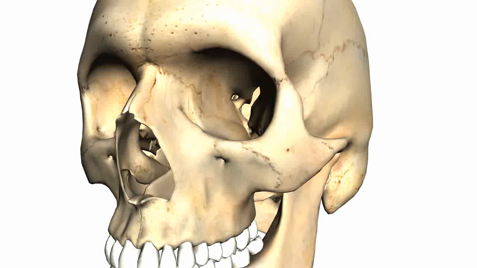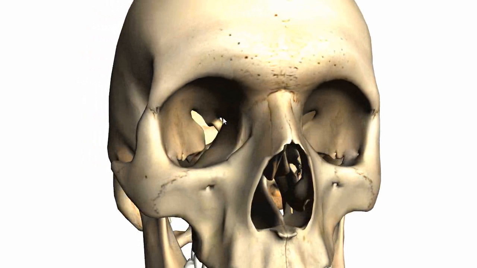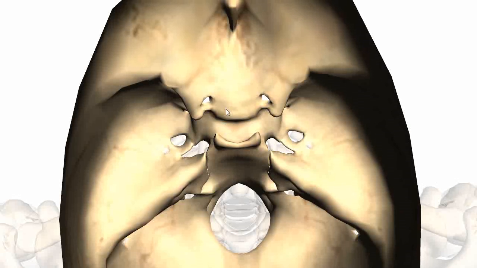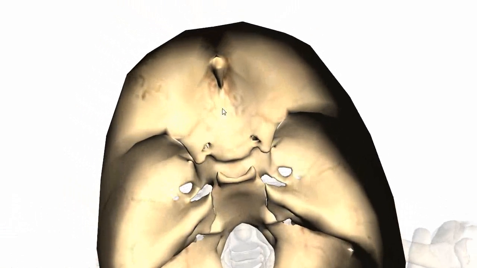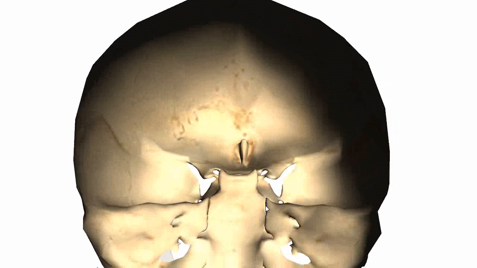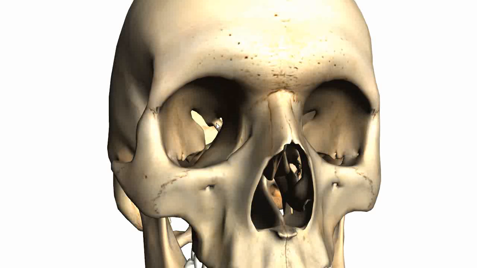These little holes sit medially in the orbit. That's the optic canal. And then if you remember the superior orbital fissure, that's this here. And just going back to the external view, the superior orbital fissure here, which you can see.